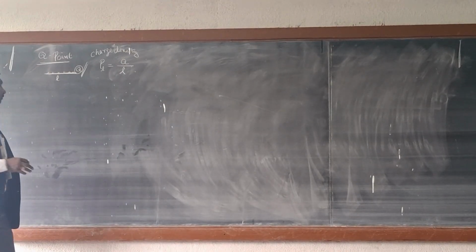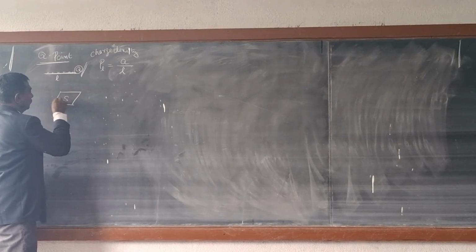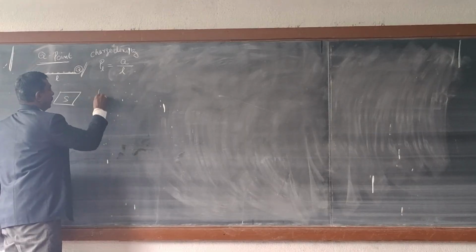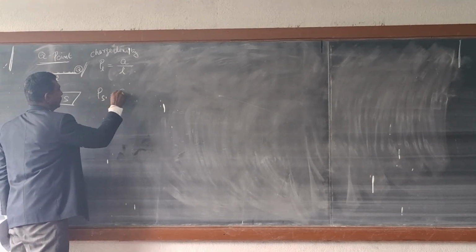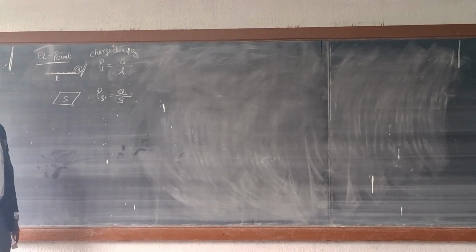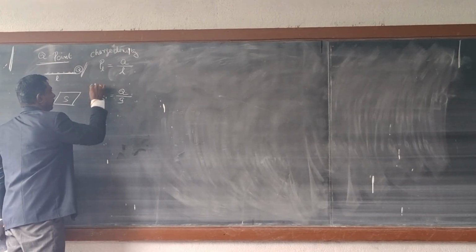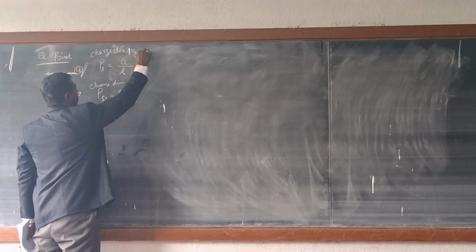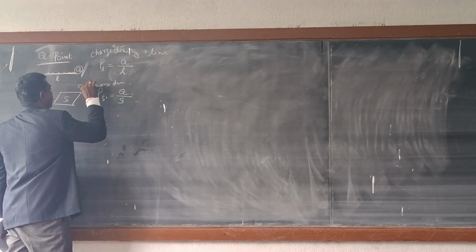In a similar way, we can take a surface of area S. If we find charge density here, we denote it by rho S, which is nothing but total charge divided by area. So this is also charge density. We name it line charge density, and let this be surface charge density.